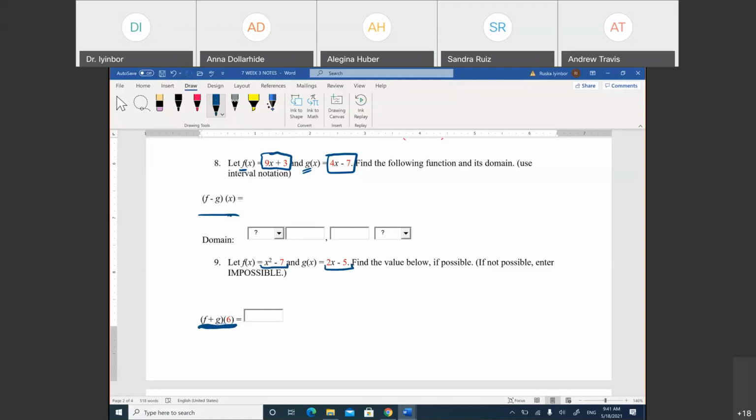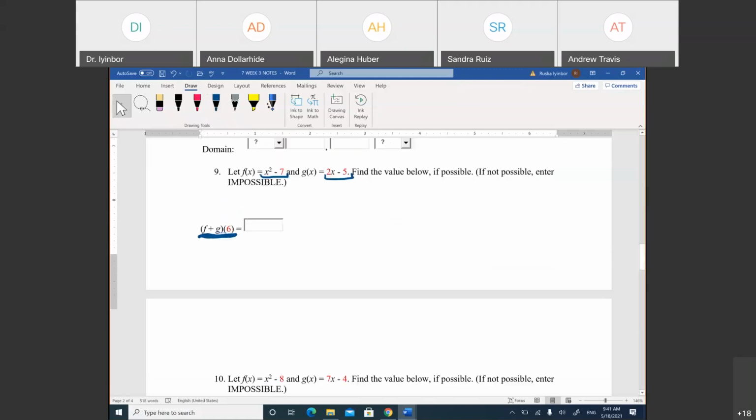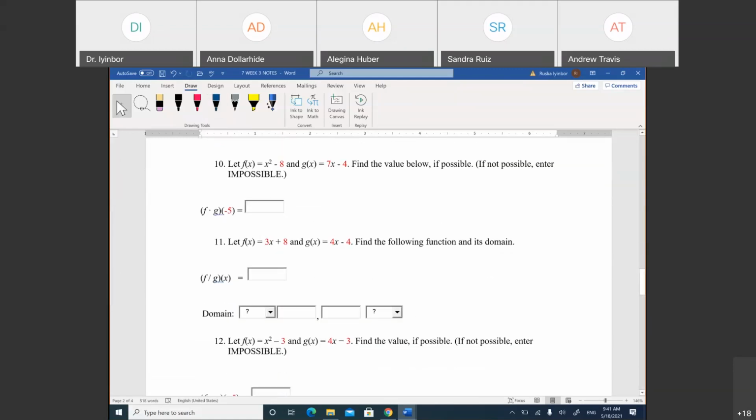And I'm going to show you how to do it exactly. Let's just read the next one, see what you have. Number 10, you also have f, which is x squared minus 8, and g, which is 7x minus 4. Whatever the function f, function g, they're given. And what you do, f times g of negative 5, right? So you're going to plug in negative 5, and you're going to multiply function f and function g. I know it sounds very abstract, like how you multiply functions, but it's really easy.